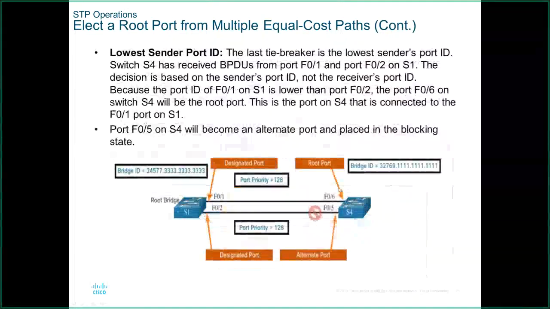So this becomes the root, and then because this is the alternative port, because it can't be designated, because the other end is designated. So it becomes the alternative port.